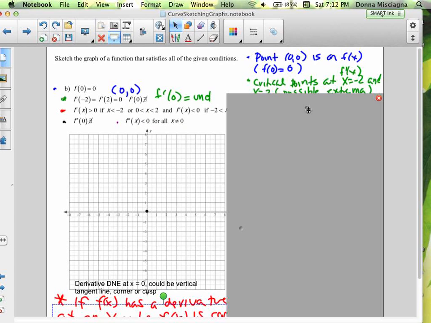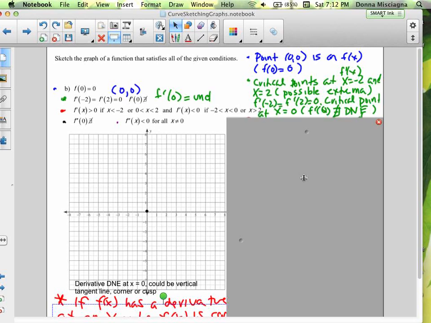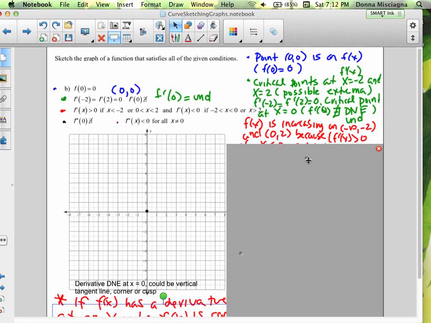All right, first derivative information. So critical points at f prime of x. At x equals negative 2 and x equals 2, possible extrema.